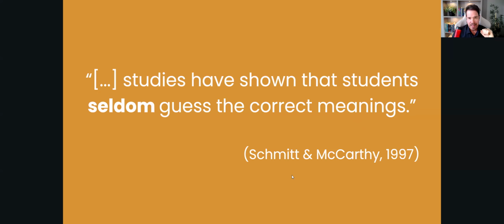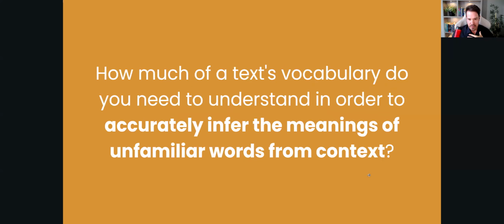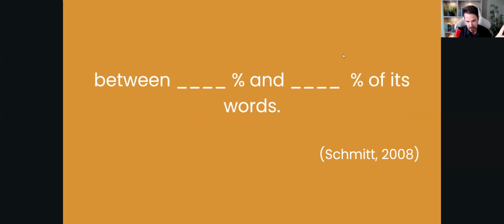Now, you might be wondering, okay, but why does it happen? They have noticed that for students to be able to successfully guess the meaning of words from context, there is a percentage, a number of words that they should be familiar with in that text. Can you guess? So what is the percentage?